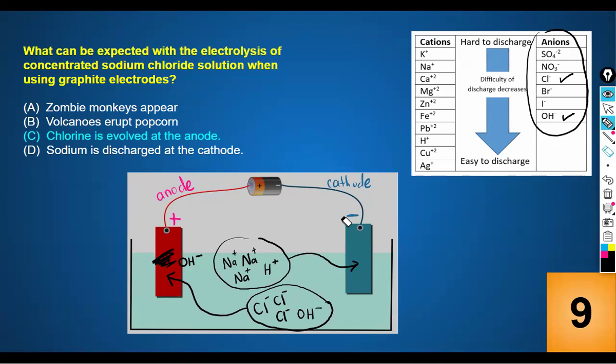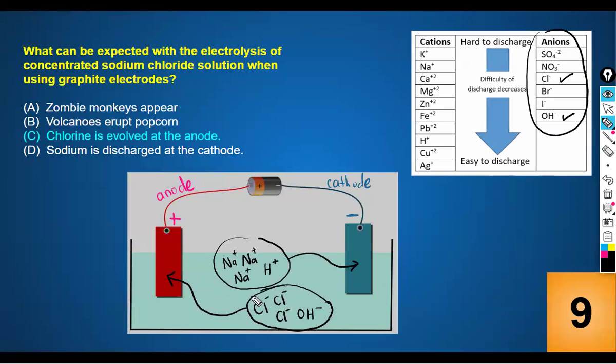But here's the thing. We have a bit of a problem. It has more chlorines than OH. So it's like the chlorine said, OH, I know you are easier to discharge, but they gang up on OH and beat him up. And they become the preference now of the anode.